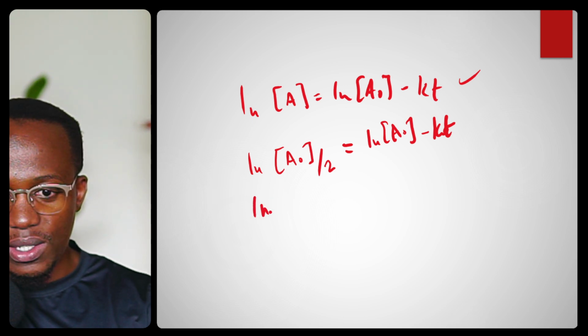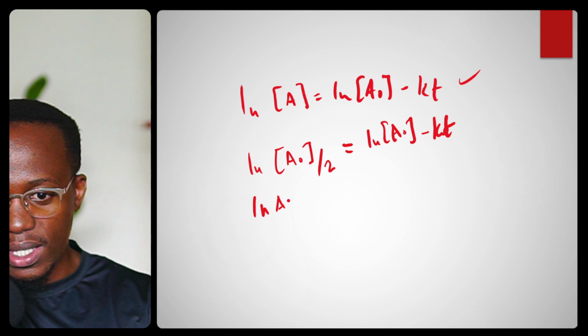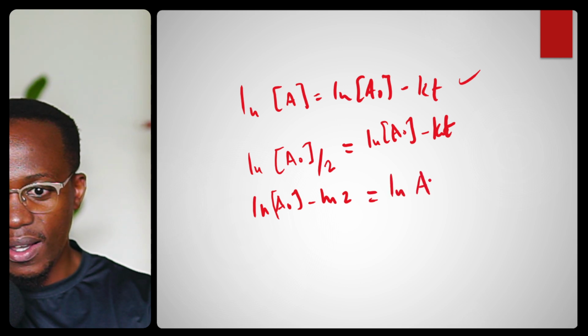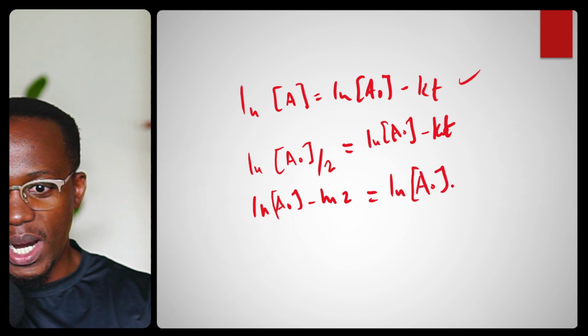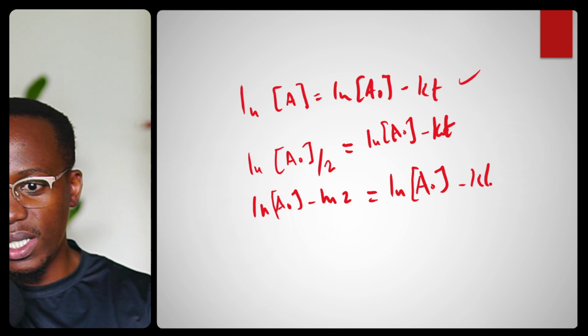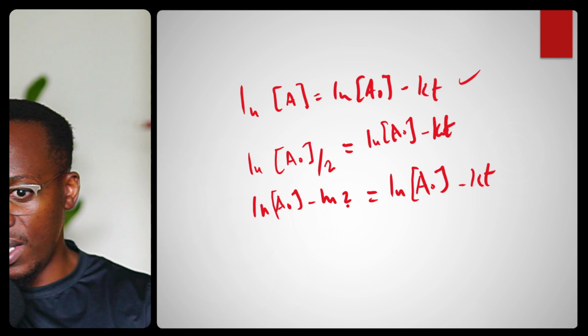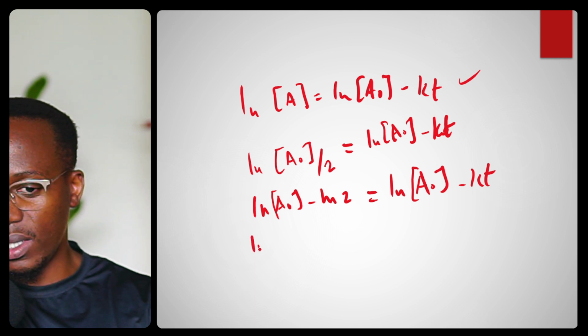Ln of A0 over 2 is equal to ln of A0 minus ln of 2. That's just the nature of ln, which is equal to ln of A0 minus kt. You might see where this is going because you have ln of A on this side, ln of A on this side, so we're just going to subtract.